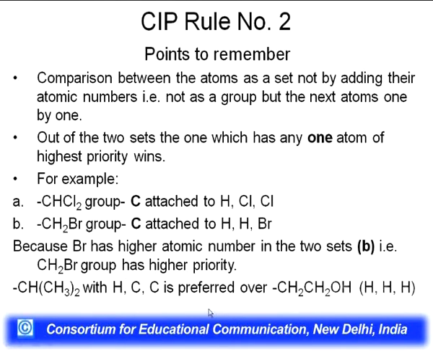By mistake I wrote HHH, but there is no mistake actually. What I am trying to suggest here is that you should not hurry, as I have just done. There are HCC which is coming, so you should not jump to the conclusion, oh there is O which is coming here, so this should get the higher priority. You should see that this is not the O which is attached to this carbon.